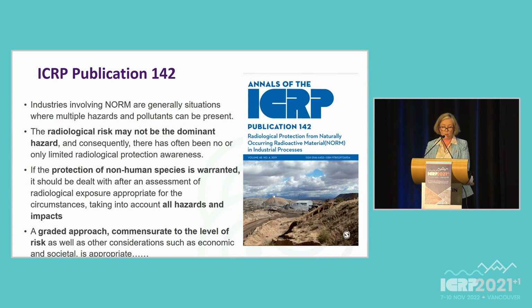If the protection of non-human species is warranted, it should be dealt with after an assessment of radiological exposure appropriate for the circumstances, again taking into account all hazards and impacts, and a graded approach commensurate to the level of risk as well as other considerations, economic and societal, has to be appropriate.